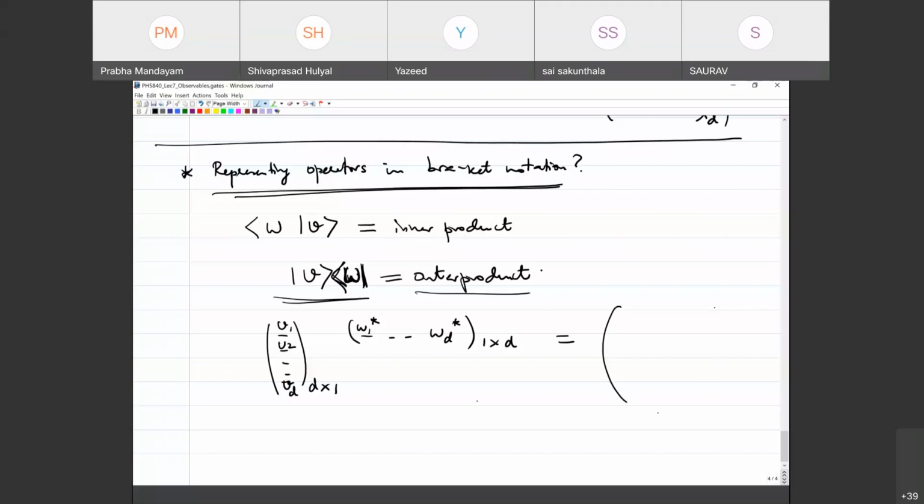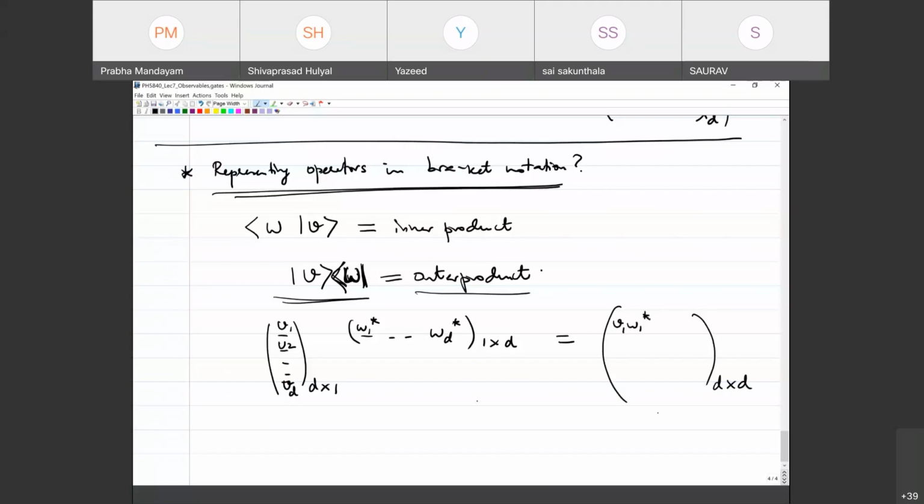Is it a number? Is it a vector? What is it? Matrix. It's indeed a matrix. It's a D cross D matrix, exactly. The first entry is V1 W1 star.